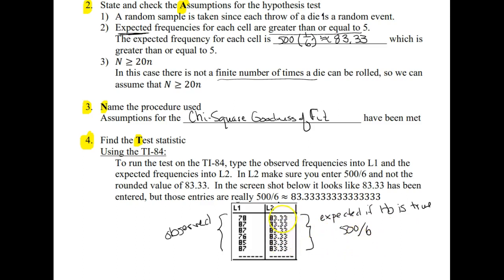On the screen it looks like 83.33 has been entered for all of these, but it's not. In each case, I entered 500 divided by 6, and if we highlight one of these cells, we would see down below that it keeps a bunch more 3s after the 83.33 that we see on the view screen. So make sure that you're entering the exact expected frequency of 500 divided by 6 and not rounding those values too soon.